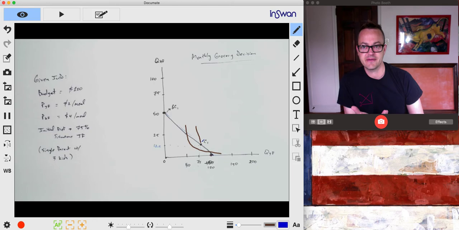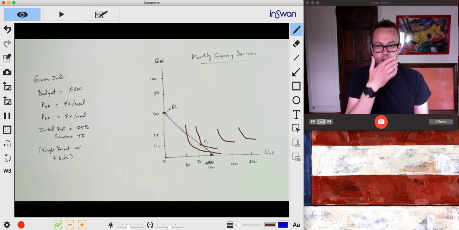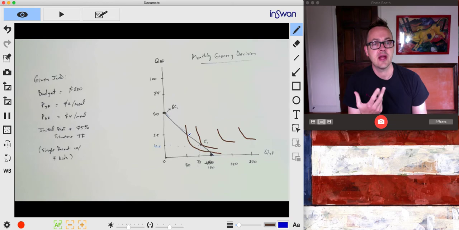They might have a set of indifference curves that do something like this. They go off to the right. So giving me more healthy food or more access to healthy food may not help me achieve my goals.